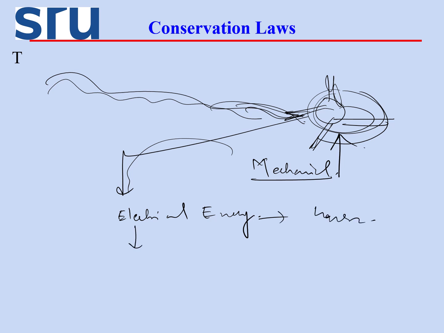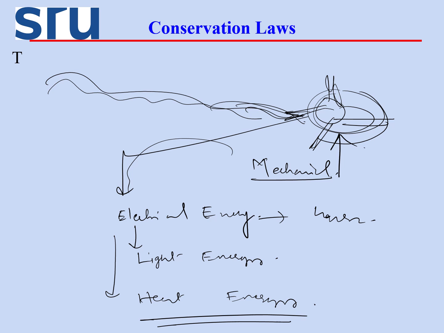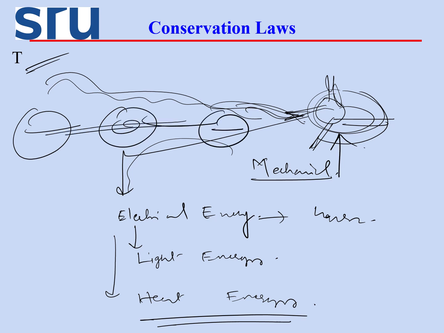Now this electrical energy appears as light energy if we turn on the switch, and it can be given to an electrical heater, which gives heat energy. So that means we cannot create or destroy the energy, but we can transform the energy from one form to another form. So this is conservation of energy.